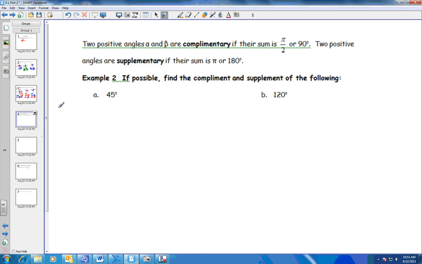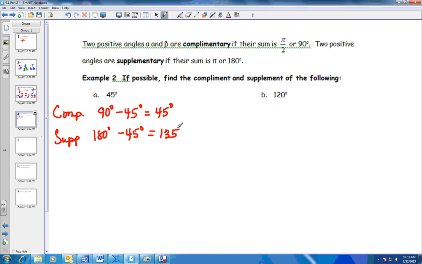Let's find the complement first. To find the complement, you're always going to do 90 degrees minus the angle that they give us. So that's pretty easy, 45 degrees. To find the supplement, we're going to take 180 degrees. So that's going to give us 135.